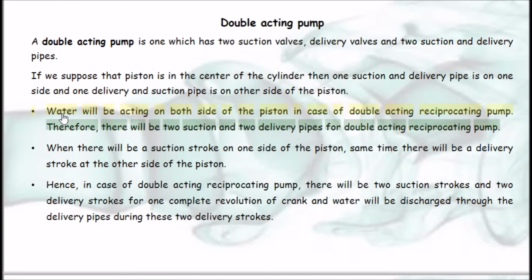Therefore, there will be two suction and two delivery pipes for a double-acting reciprocating pump. When there is a suction stroke on one side of the piston, at the same time there will be a delivery stroke at the other side of the piston.